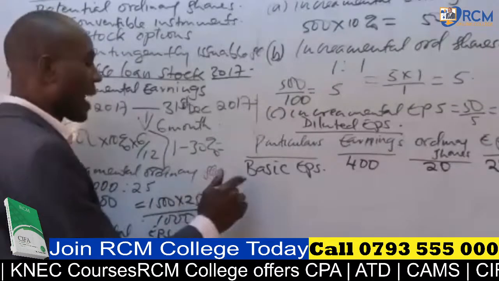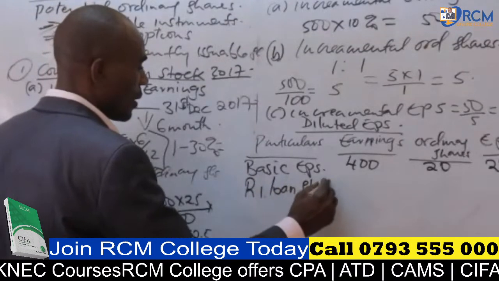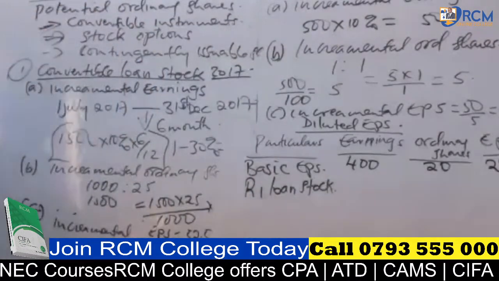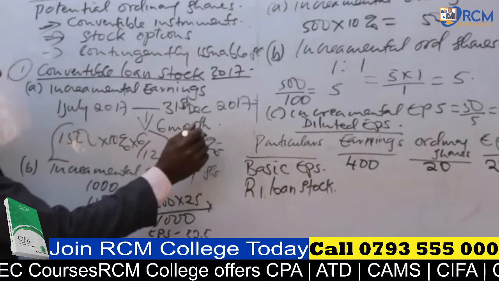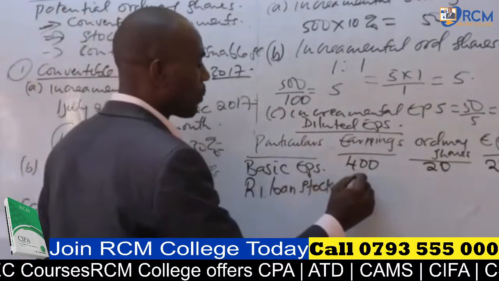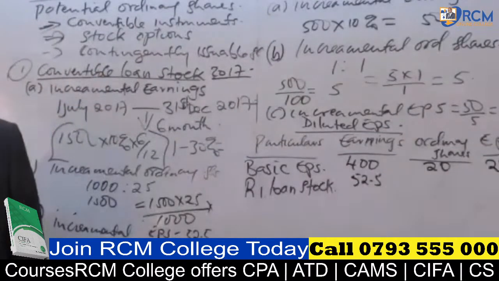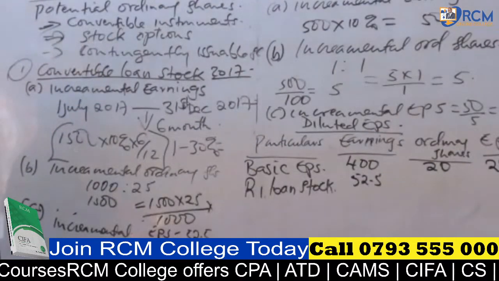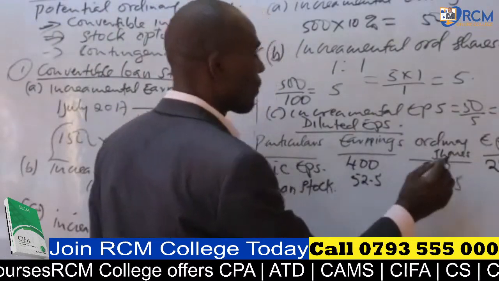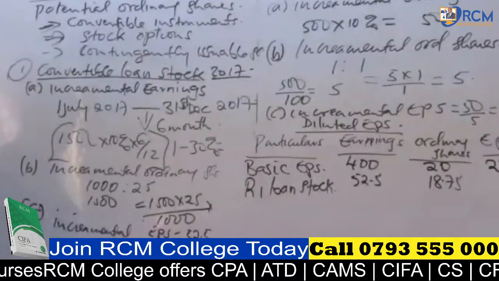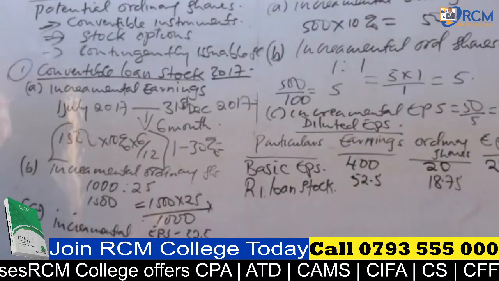Then we come to our rank 1, loan stock. What is our saving there? Our incremental earnings was 52.5. We add that, and on ordinary shares, we add 18.75, the ordinary shares that we converted.